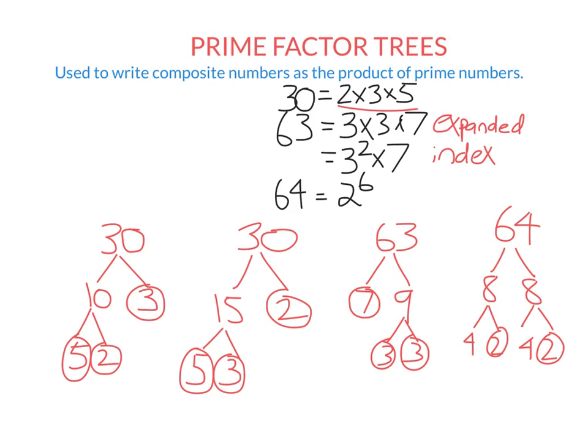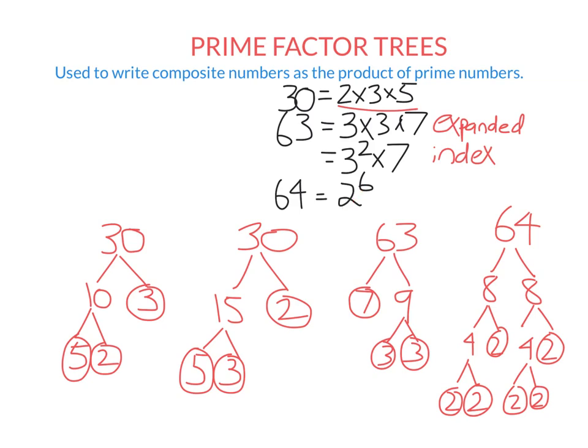It's composite, so I need to factorize 4. It can be written as 2 times 2. And so when we get prime numbers at the bottom, you multiply them together. So 2 times 2 times 2 times 2 times 2 times 2. 2 times by itself 6 times gives 64. I don't want to write 2 times 2 six times. That takes too long. So I just write it as 2 to the power of 6.